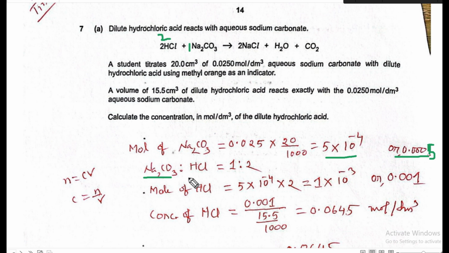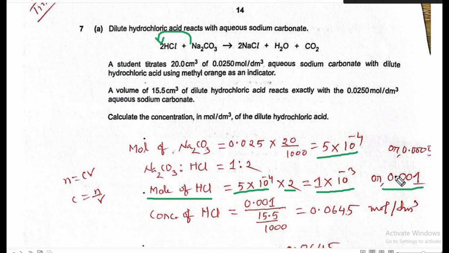So the ratio of sodium carbonate to hydrochloric acid is 1:2. I mean, the moles of hydrochloric acid is double that of sodium carbonate. So moles of hydrochloric acid is moles of sodium carbonate times 2. You get this value 1 times 10 to the minus 3, or you can write here 0.001 mole.